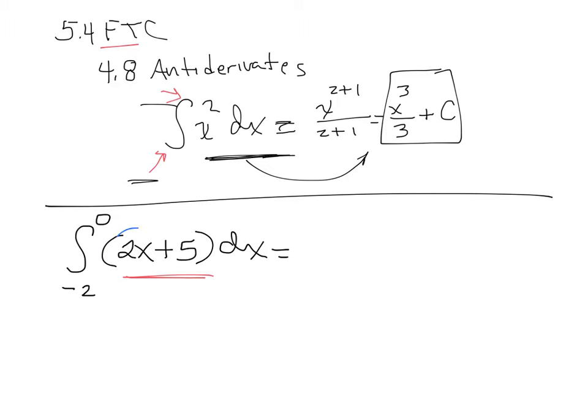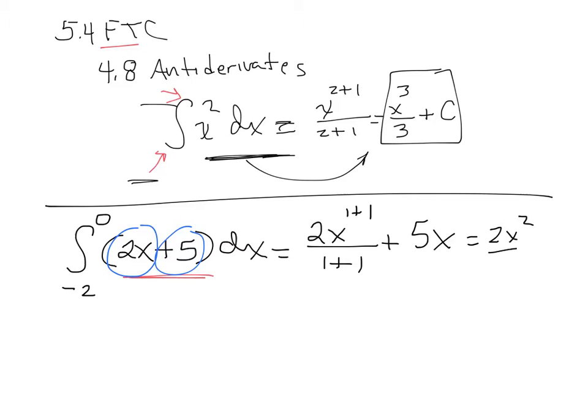So the antiderivative of 2x, that's to the first power, so I would add 1. And then the antiderivative of 5 is 5x. So that gives me 2x squared over 2 plus 5x, or just simply x squared plus 5x.